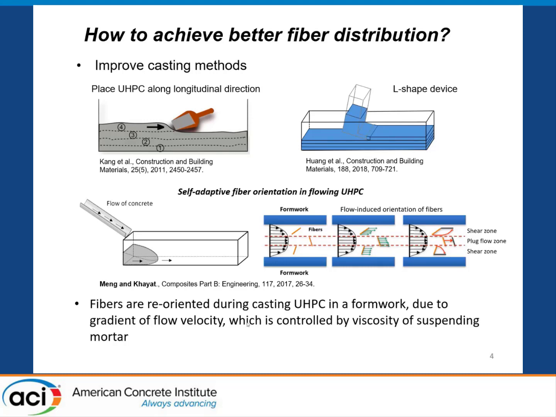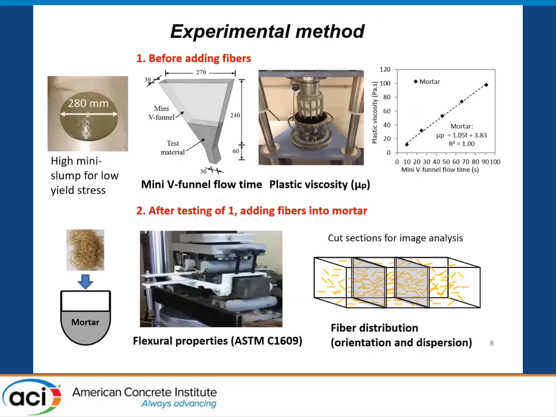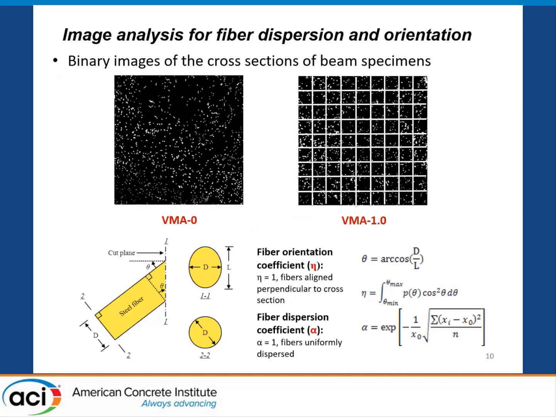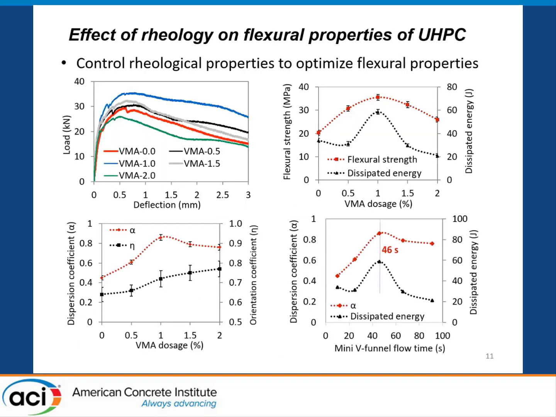Okay, here is the last one. If anybody has further questions, you may put them in the Q&A box or chat, and Weina will reply to you. This one is on slide 11: what is the difference for first crack between all the different VMA dosages? Yes, this question is in the chat.